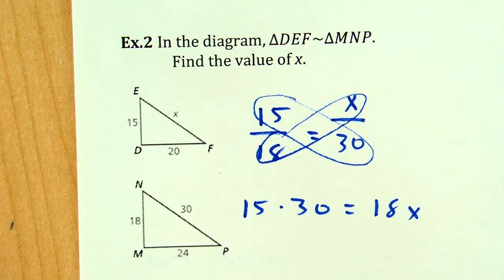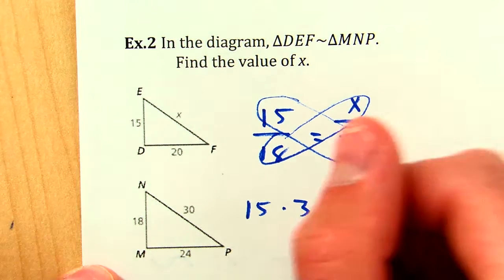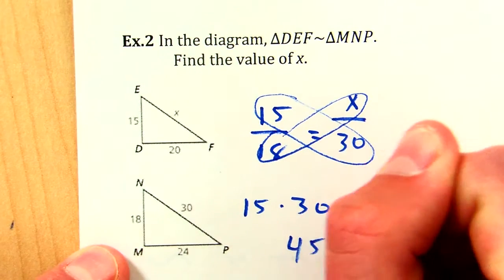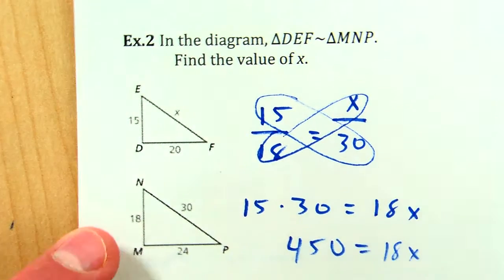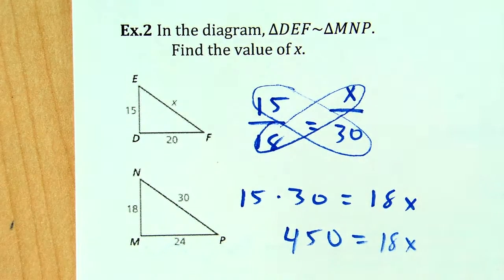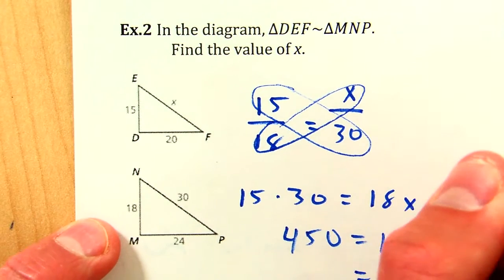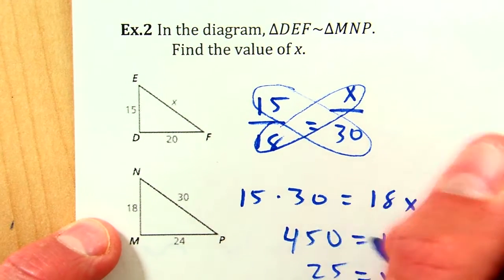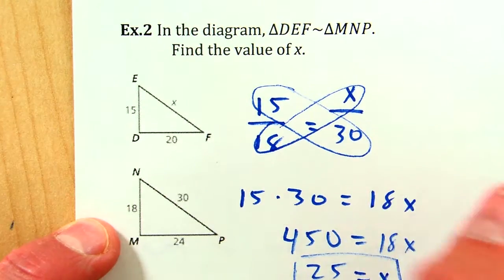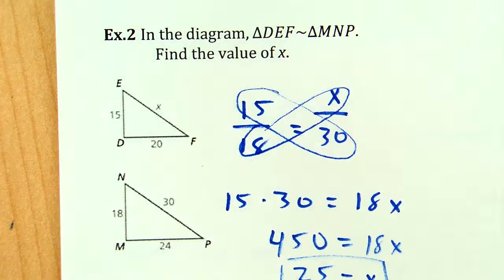Okay. And when you do 15 times 30 is 450, and that's equal to 18x. Divide each side by 18. 450 divided by 18 ends up with 25. So that missing side length had to be 25.